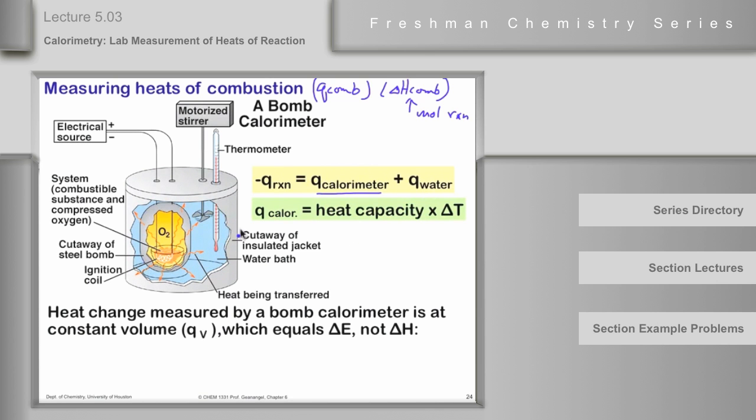So this is constant volume, and when you have a constant volume situation, the heat change is delta E, not delta H. But fortunately, in many cases, delta H and delta E are almost the same, so it's not a big deal. Now, bomb calorimeters are used to get nutritional information.